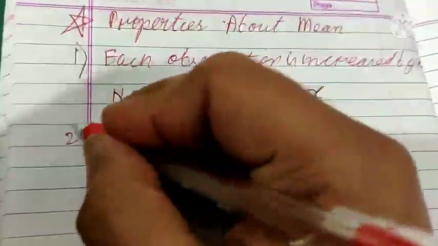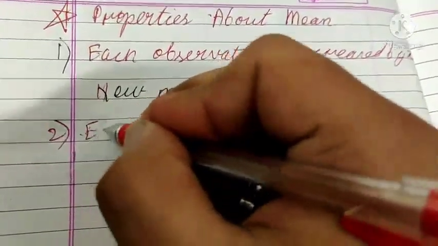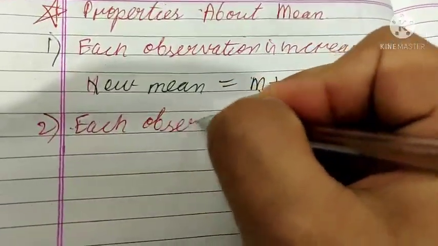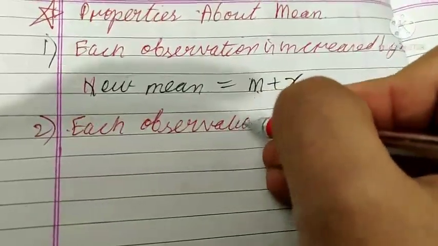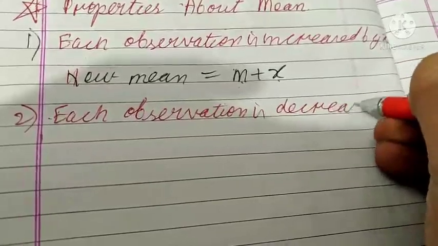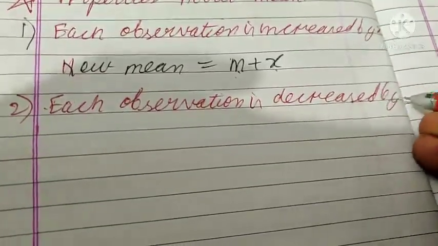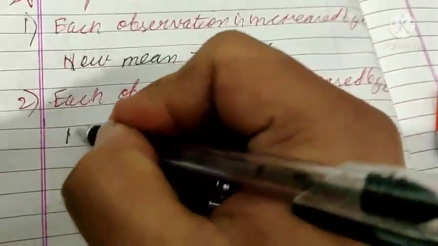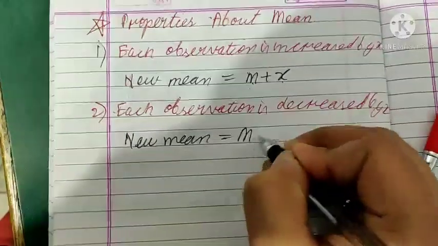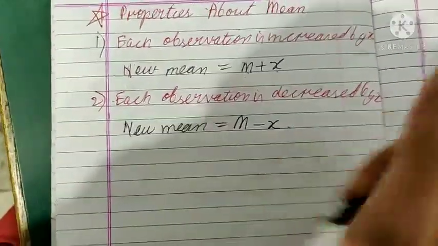Our second property is if each observation is decreased by x, then the new mean will be m minus x.